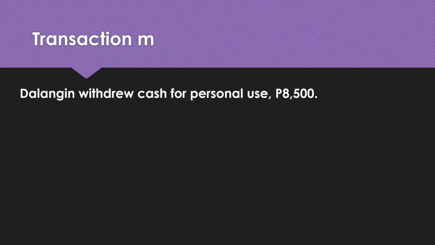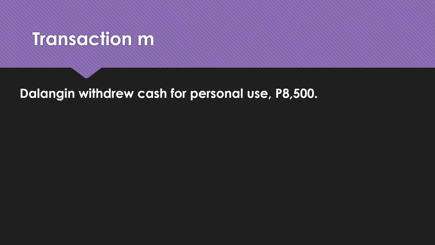Okay, transaction M. Dalangin withdrew cash for personal use, 8,500. Kung pinanood niyo yung previous videos ko, alam niyo na to. Okay, so, nabawasan ang cash kasi nag-withdraw ang owner. Okay? Ano ang dinidebit? Again, as per my previous videos, whenever there's a withdrawal by the owner, you use the withdrawals or the drawings account.